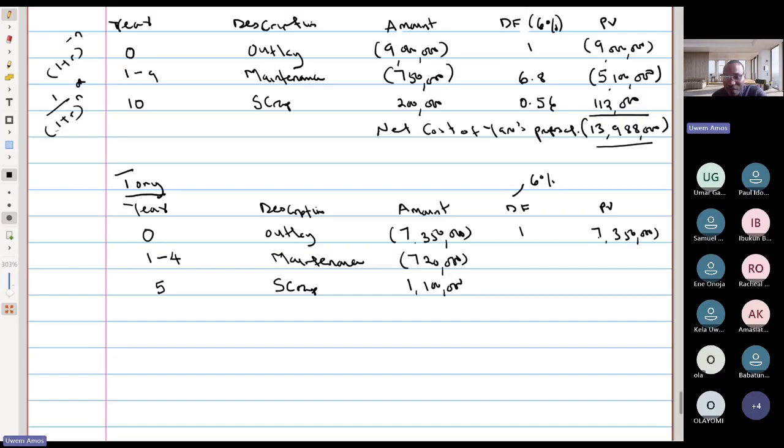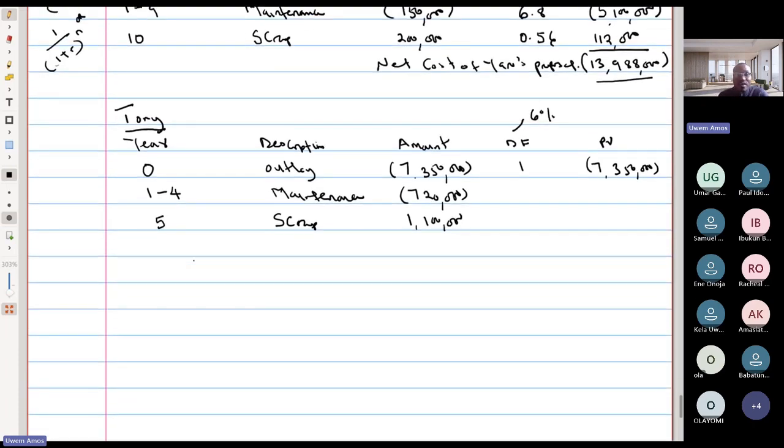So we don't need to bother ourselves about that. So that is 7,350 out. This is 720 constant for 4 years. So we need to extend it using the concept of annuity factor. So let's calculate the annuity factor for 4 years then. Okay, so that is 1 minus, formula again, 1 plus r raised to the power of minus n, divided by r.